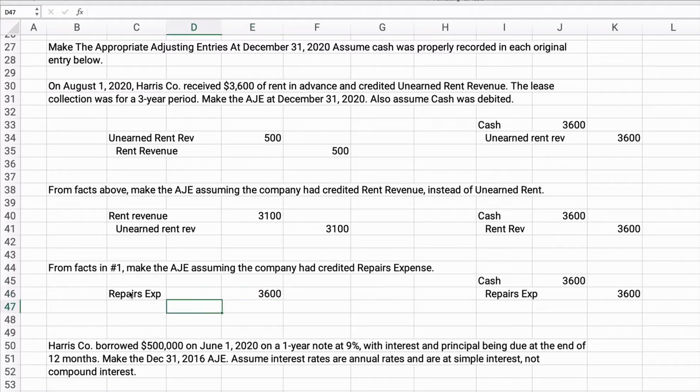We need to set up rent revenue for $500. And we need to set up for $3,100 the unearned rent revenue. So we have rent revenue is $500, unearned rent revenue is $3,100.